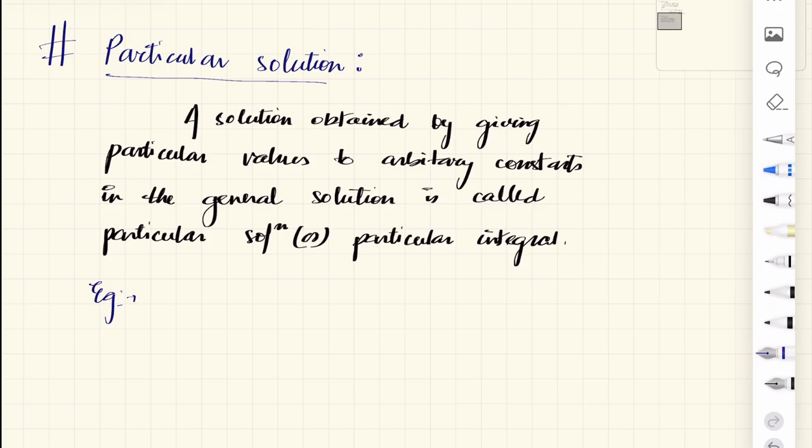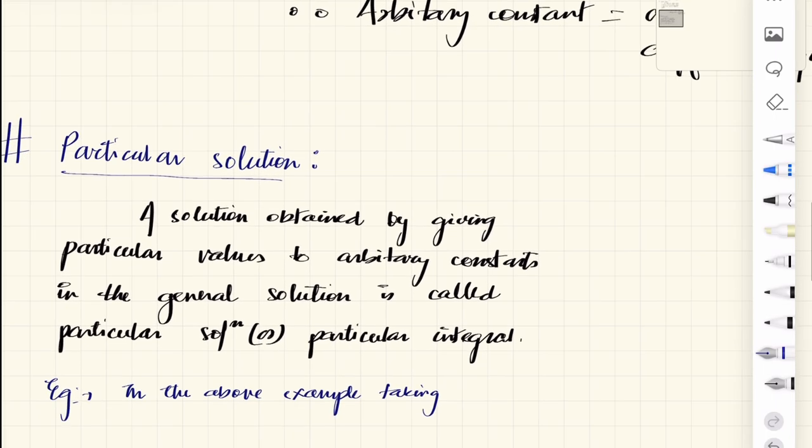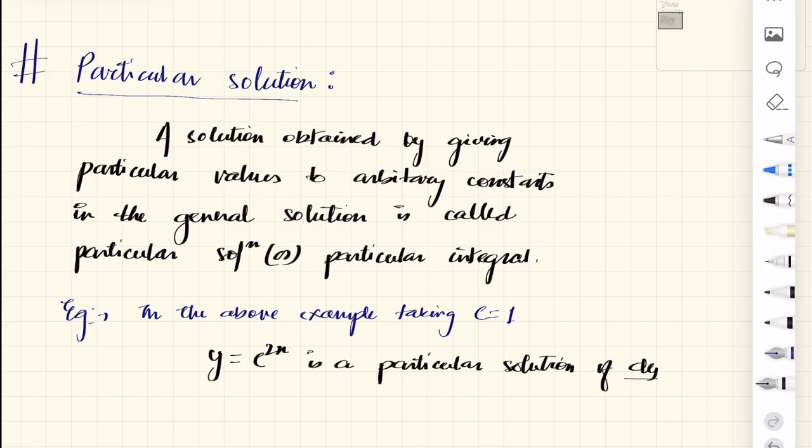Like in the above example that I've given, what if we take the value of C equal to 1? Then the answer will be y equal to e to the power 2x, a particular solution of dy by dx equal to 2y.